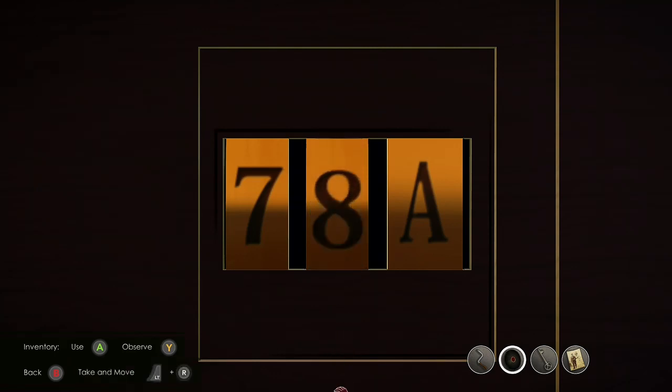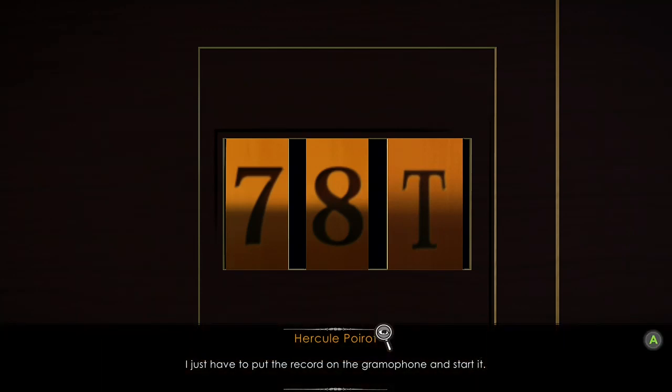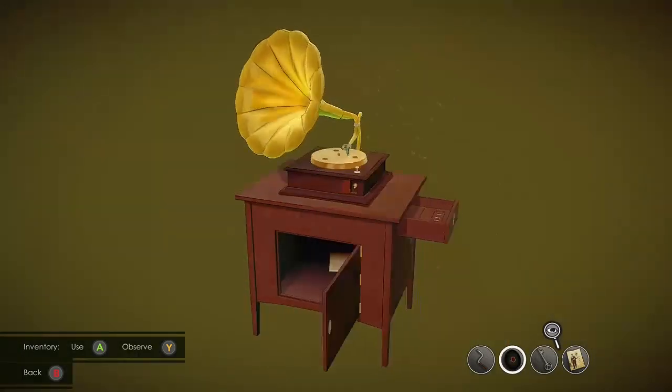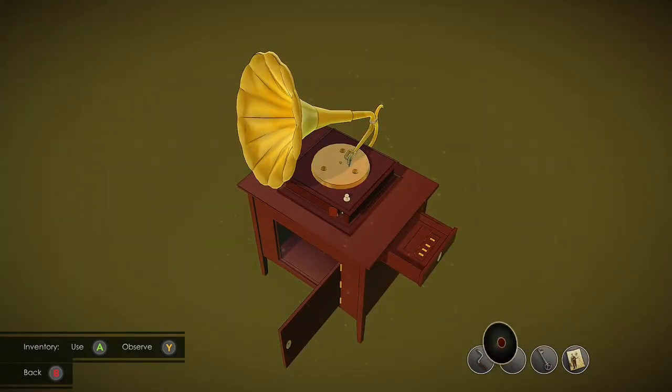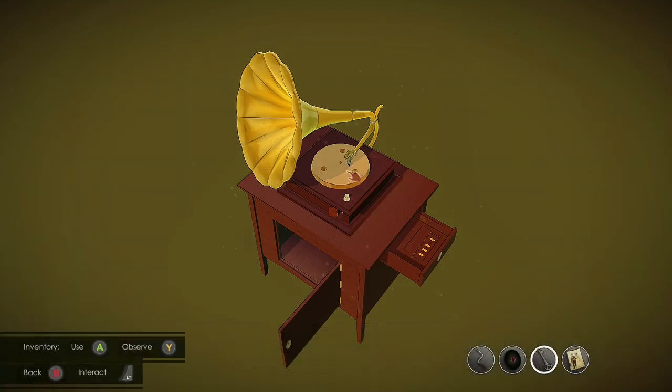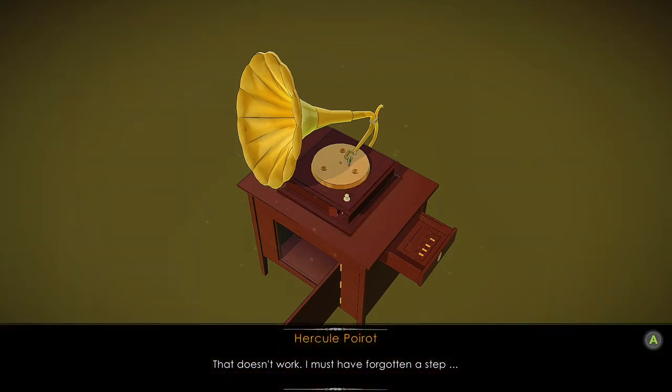Seven, 8. See. I just have to put the record on the ground. That doesn't work. I must. Oh. Wait, I gotta put that in that thing. It doesn't work.